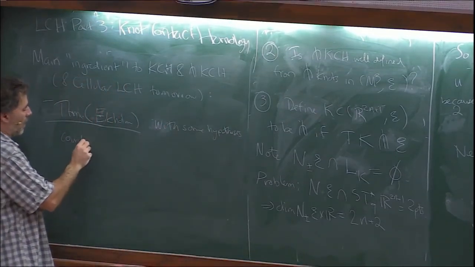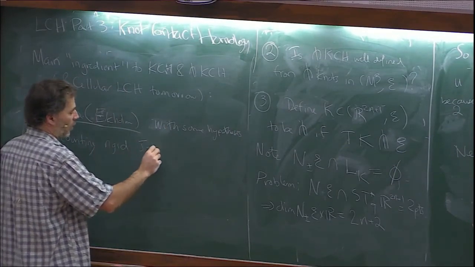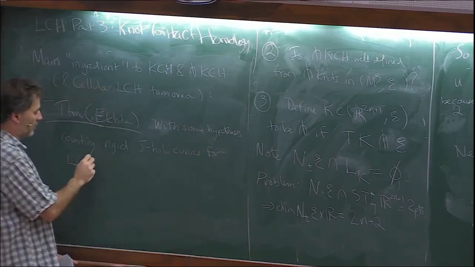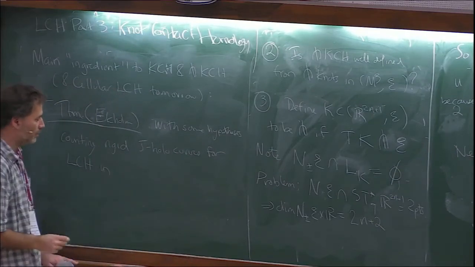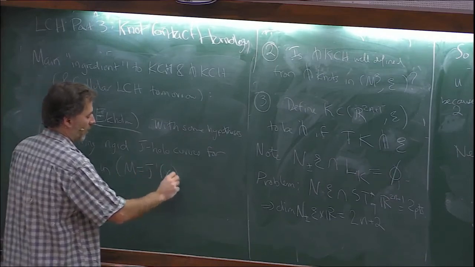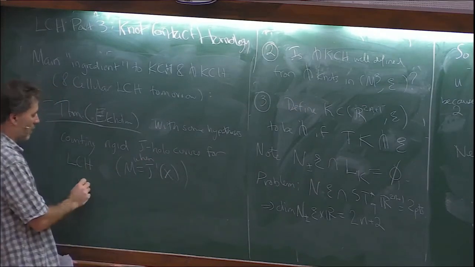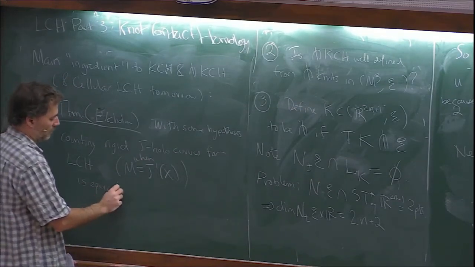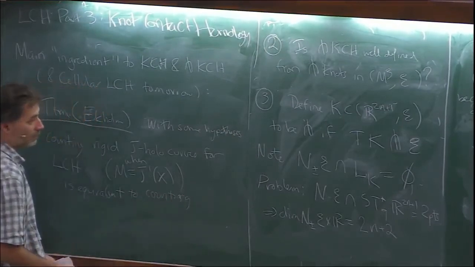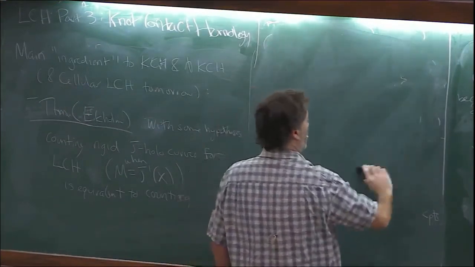counting rigid J-holomorphic curves for LCH in, this is the case where M is the one jet space of some manifold, is equivalent to counting gradient flow trees.